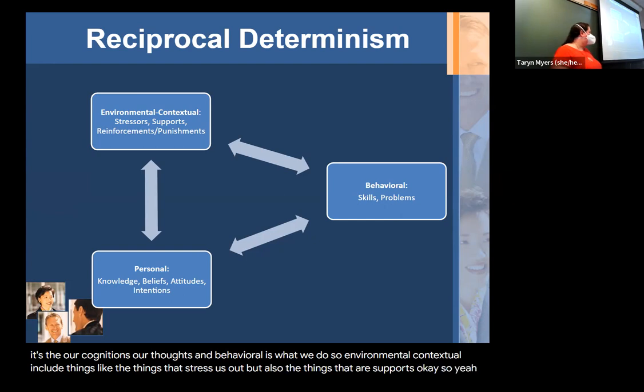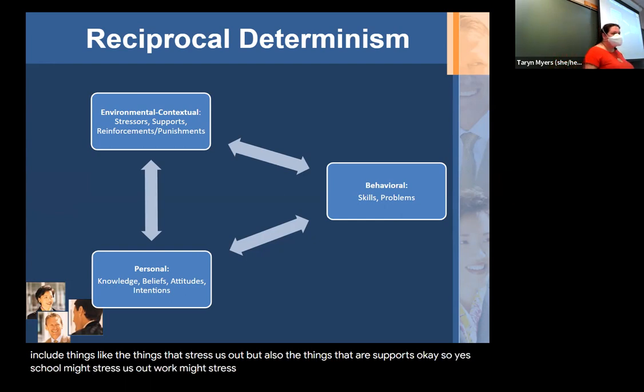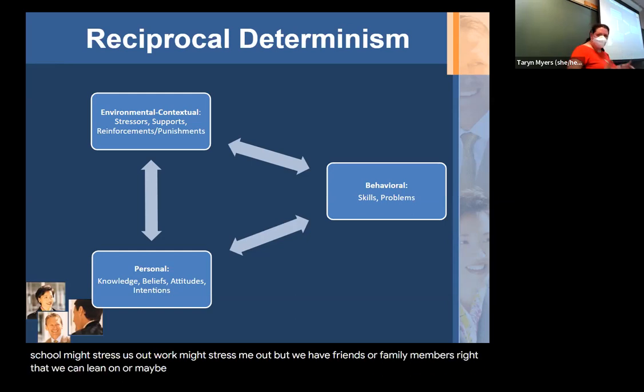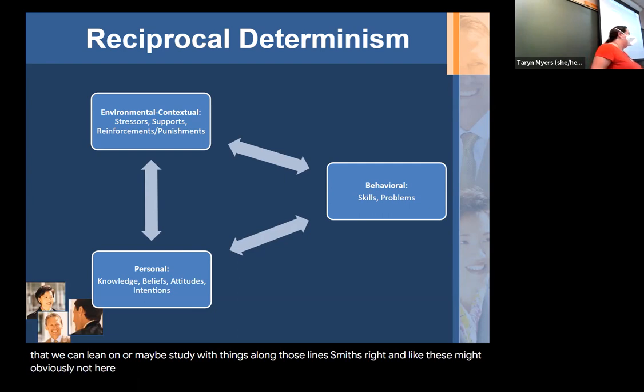School might stress us out, work might stress me out, but we have friends or family members that we can lean on or maybe study with. And also reinforcements and punishments, right? These might not be as obvious as the dogs who got food in Pavlov's experiments, or the pigeons in the Skinner boxes.